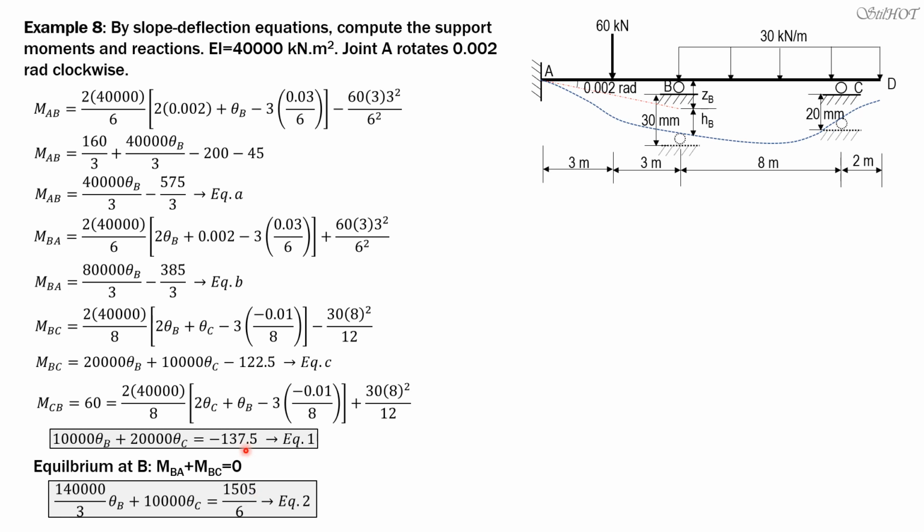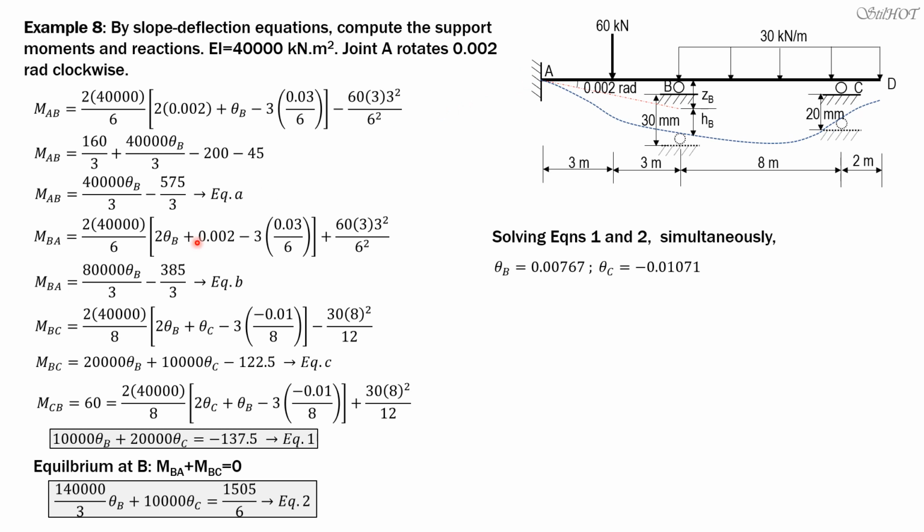So if you solve these two equations simultaneously, you can solve theta B and theta C, and we get theta B equals 0.00767 radians, and theta C is negative 0.01071 radians. So theta B means, because this is positive, the tangent is rotating clockwise, then theta C is rotating counterclockwise from the sign convention in slope deflection equations.